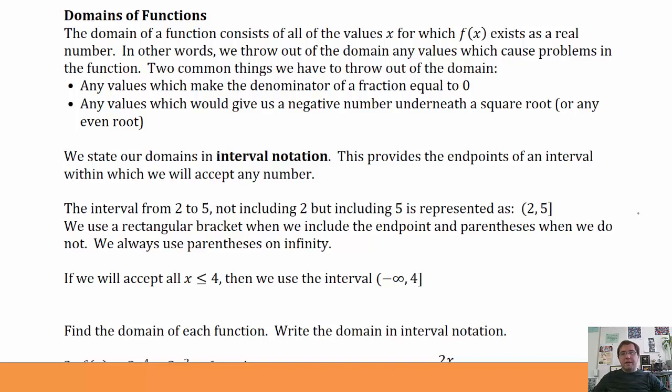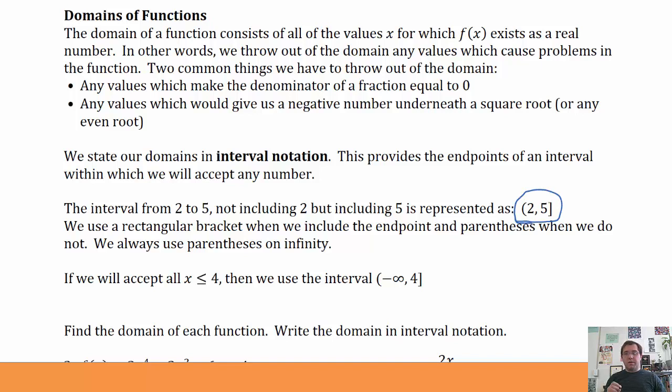We state our domains in this class in interval notation. This provides the endpoints of an interval within which we will accept any number. So it's saying we'll accept x in this range from this number to this number. The interval from 2 to 5, where we're not including 2 but we are including 5, is represented in this form.